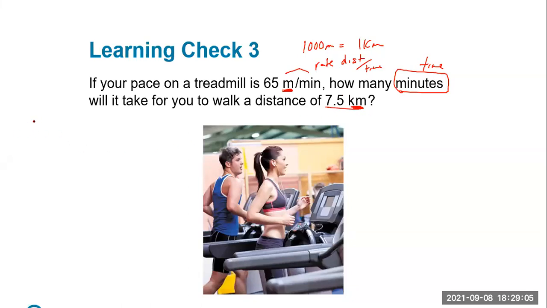The first thing I'm going to do is take the 7.5 kilometers and convert that into meters, so that it will be in the same unit as the rate given in the problem. 1 kilometer is 1,000 meters, and that gets me 7.5 times 1,000, 7,500 meters. That is good because now I can use this as a conversion factor.